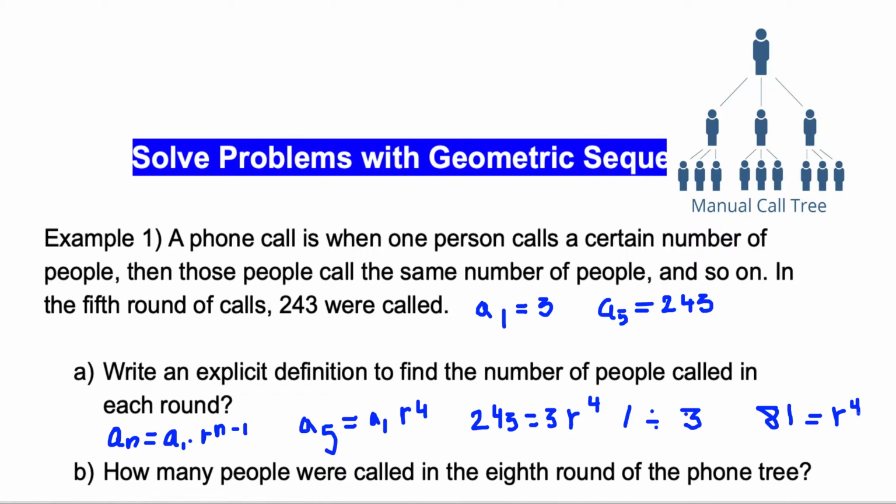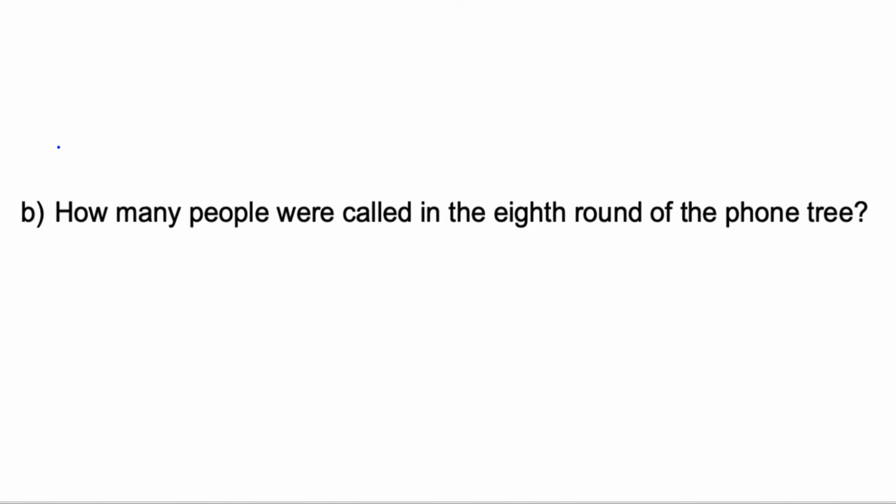We don't have enough space here, so let's go to the next page. We already had 81 is equal to r in exponent 4. These are good, easy numbers, because we are looking for 81.